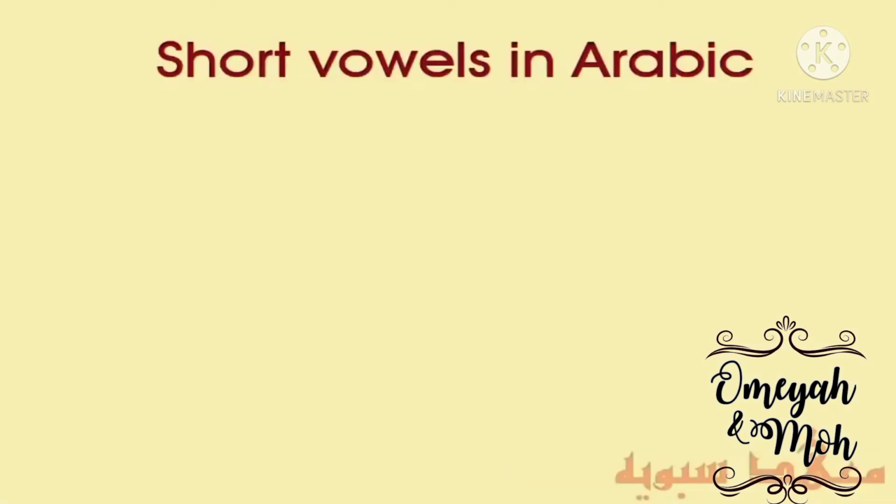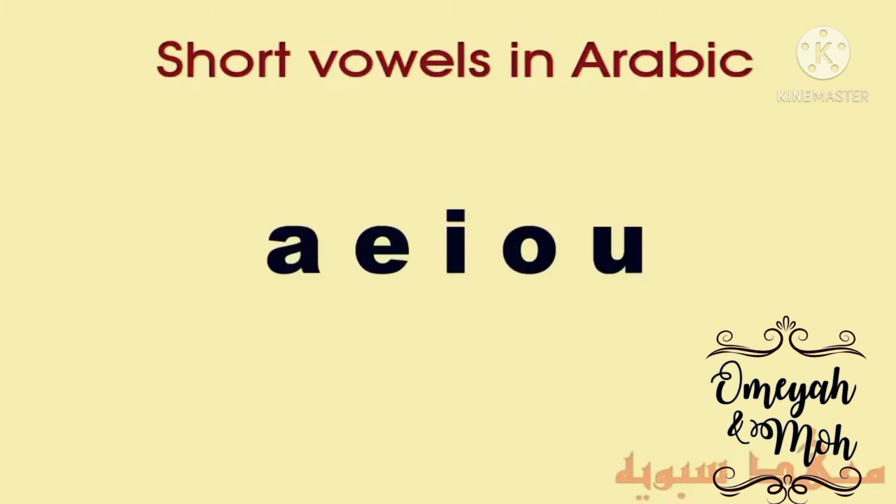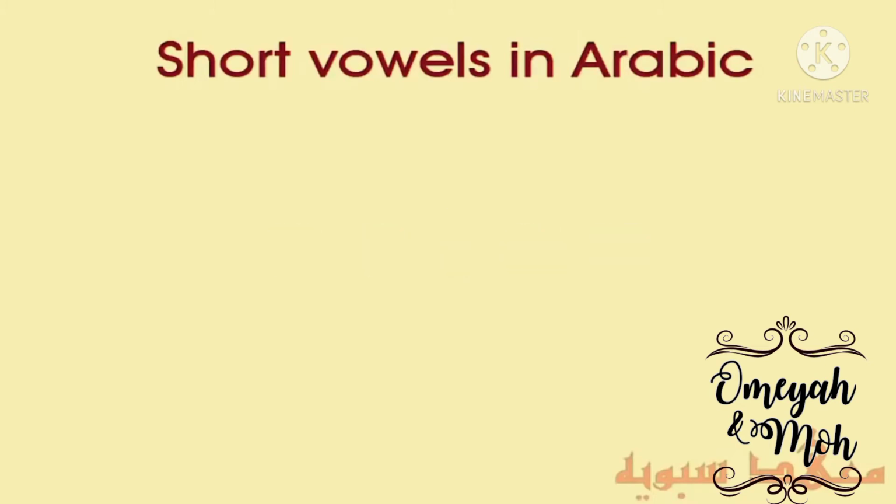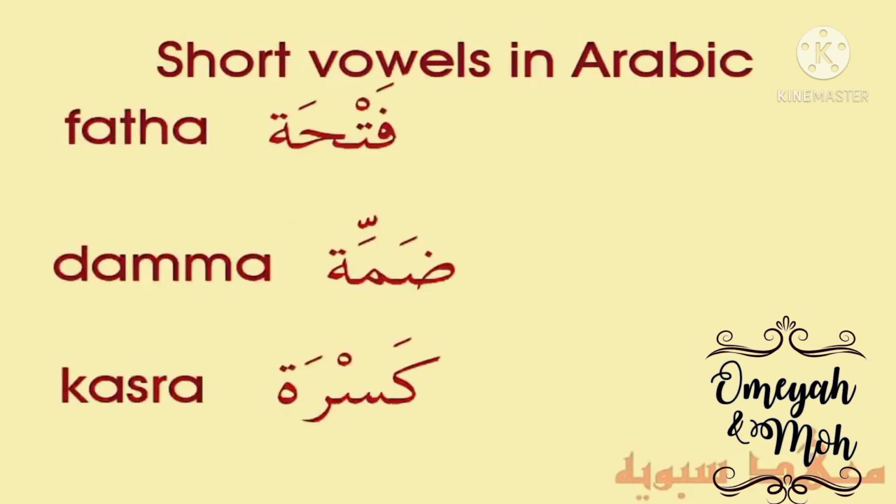I'm going to be explaining short vowels in the Arabic language. Unlike English, where we have 5 vowels, A, E, I, O, U, in Arabic we only have 3, and they are what is known as fatha, dhamma, and kasra.